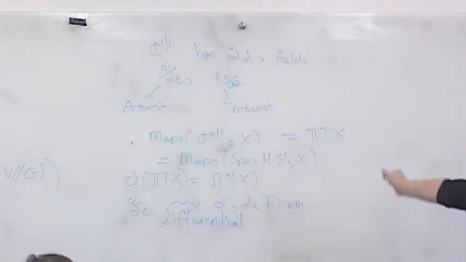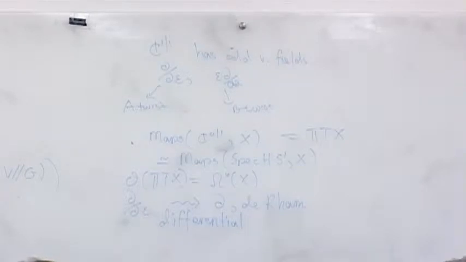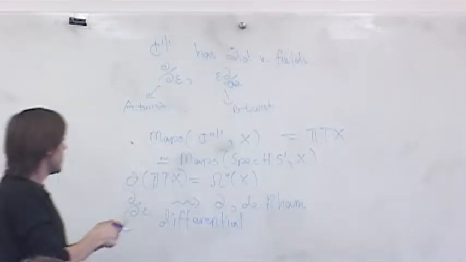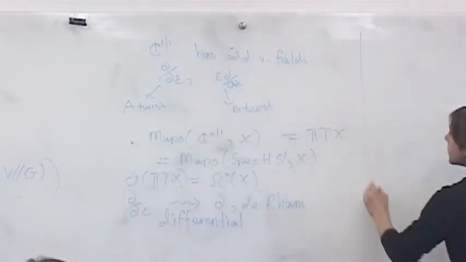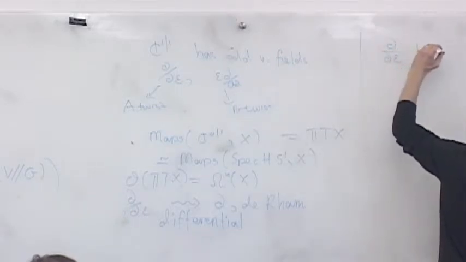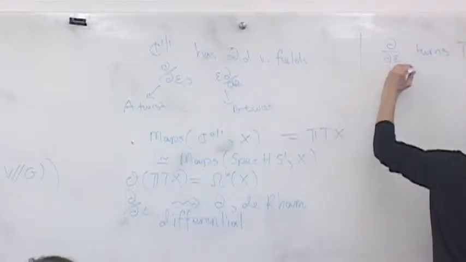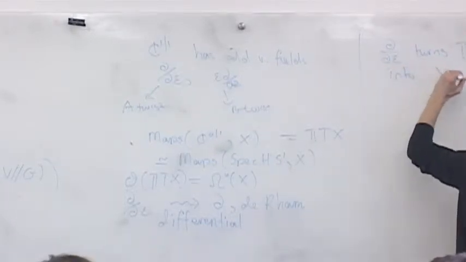Okay, so finally, what does all this mean for us? Well, this means that d by d epsilon turns this odd tangent bundle into the de Rham stack.